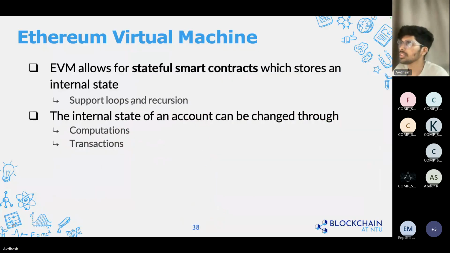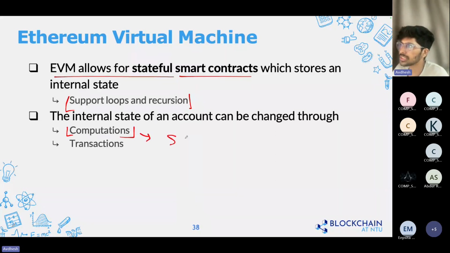And the EVM allows for full smart contracts, which store an internal state, and also support loops and recursion as well. The internal state of an account can be changed through computations, which are the predefined statements that you write using Solidity. Solidity is the major language.